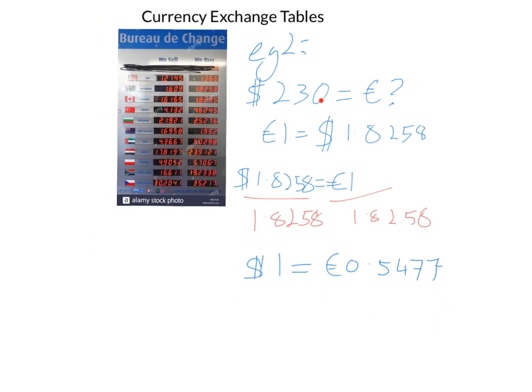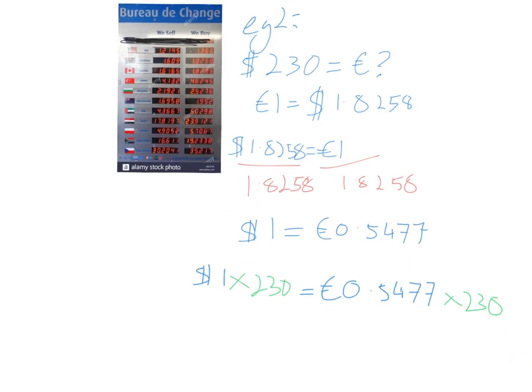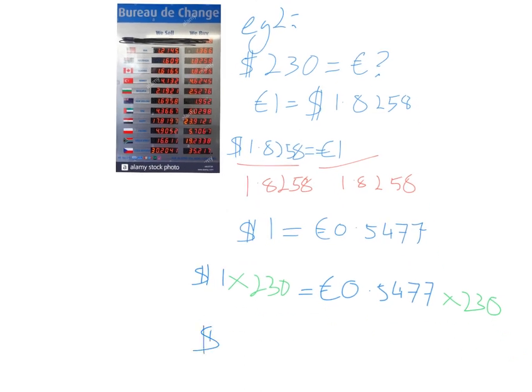Now we can figure out what $230 should be equal to. So we're going to get our $1, we're going to multiply it by 230. On the right side, we're going to get our 0.5477 euros. And what we do to the left hand side, we have to do to the right, so we're multiplying that by 230 as well. That means that on the left hand side, we're going to get $230.